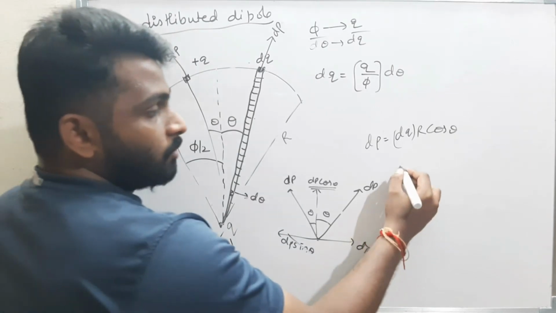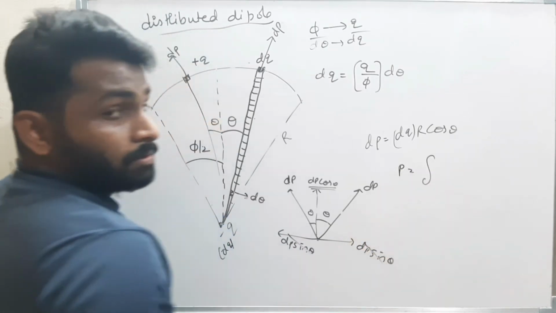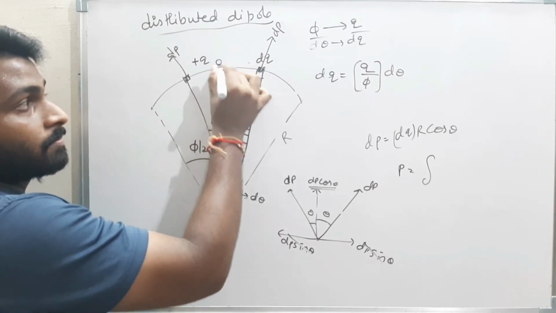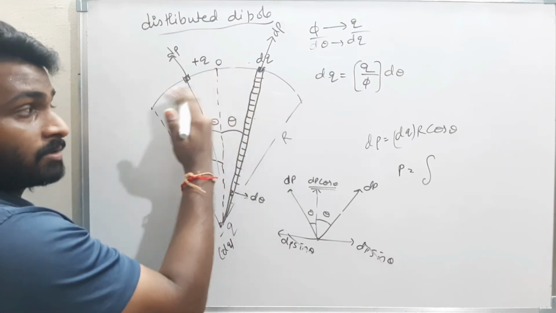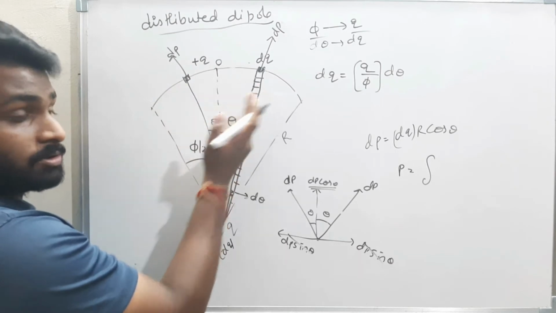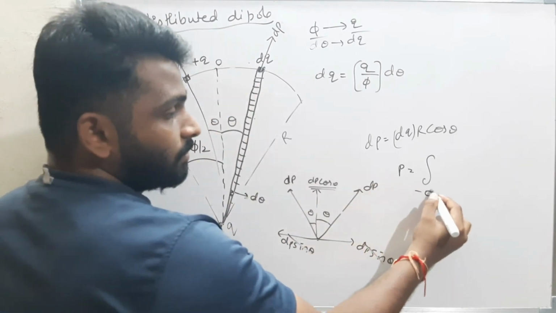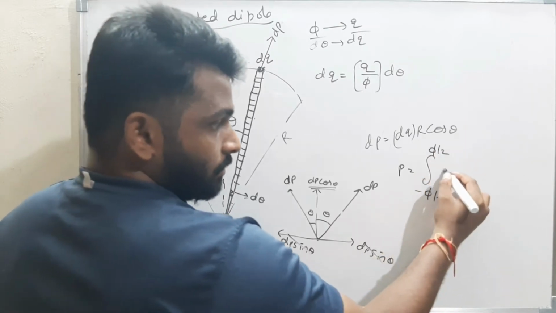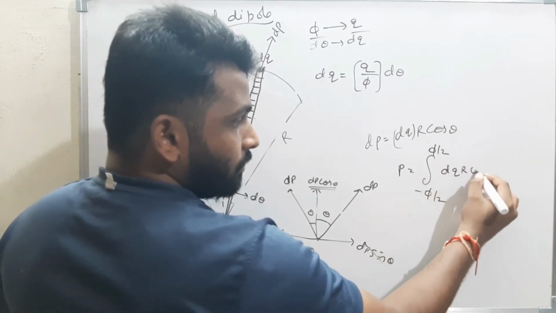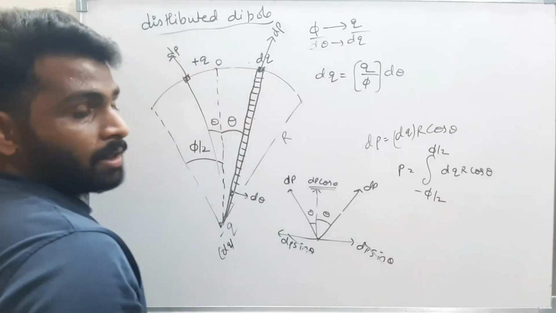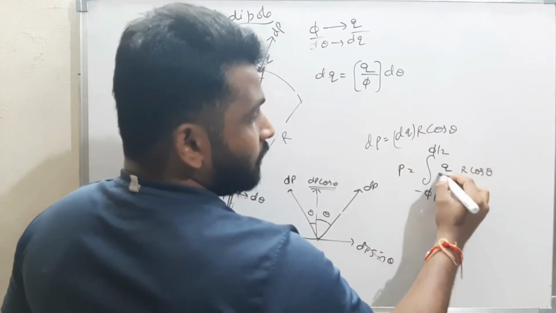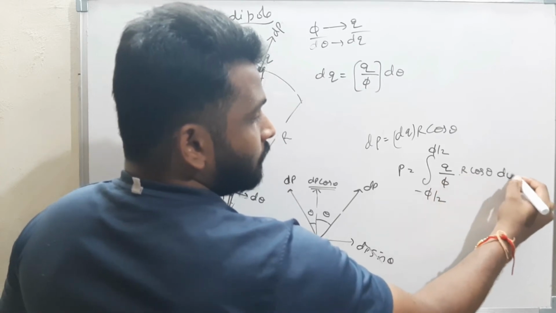Therefore, what is the dipole? This is the integration. What is the angle? This is the origin, and this side angle is negative, and that side angle is positive. Therefore, from minus phi by 2 to plus phi by 2, dq r cos theta. Now in place of dq, what can I write? q by phi d theta.